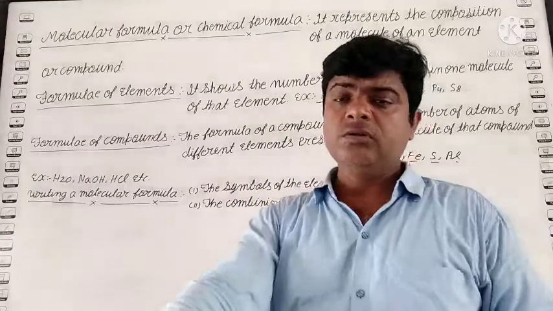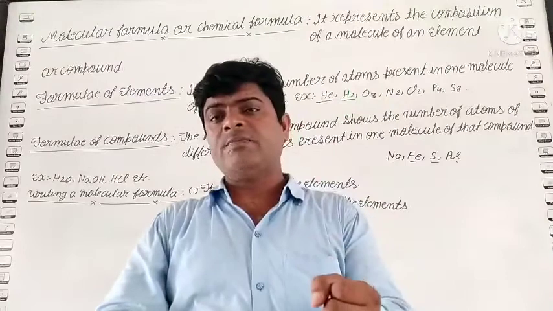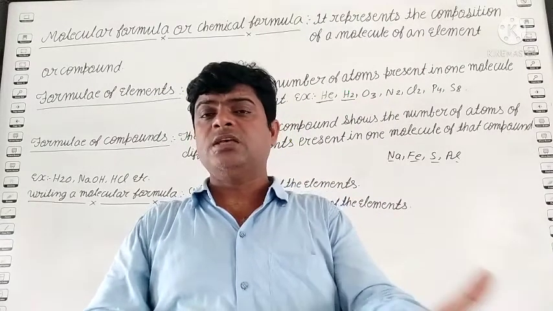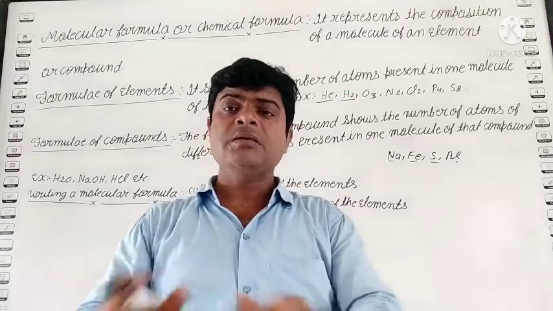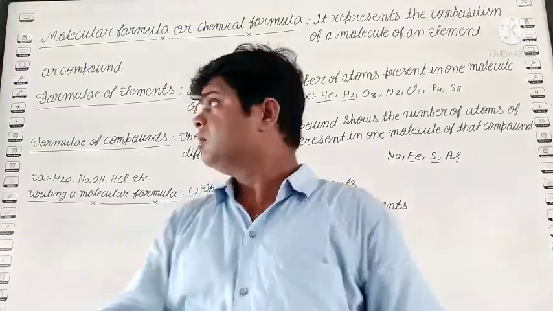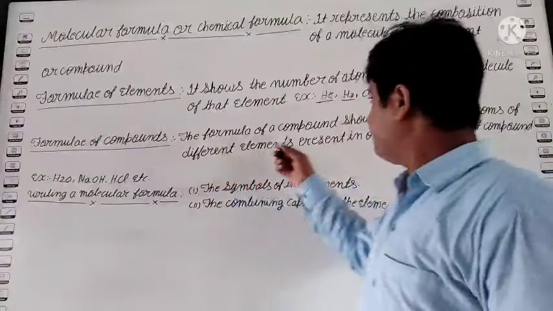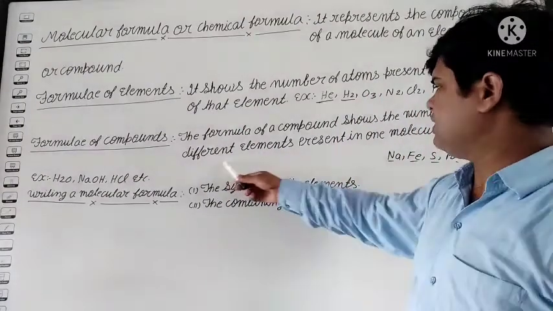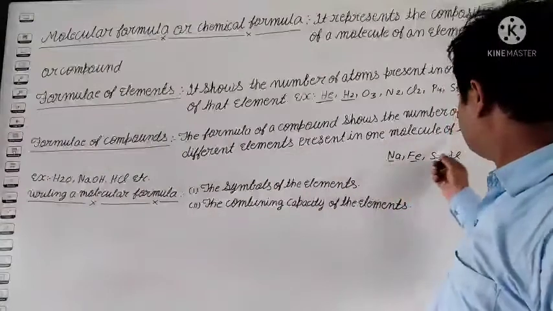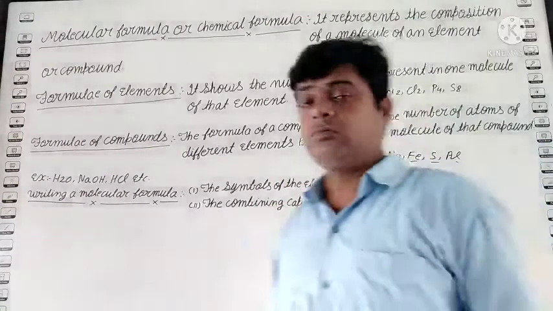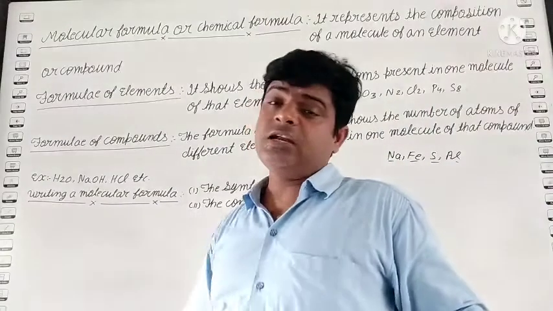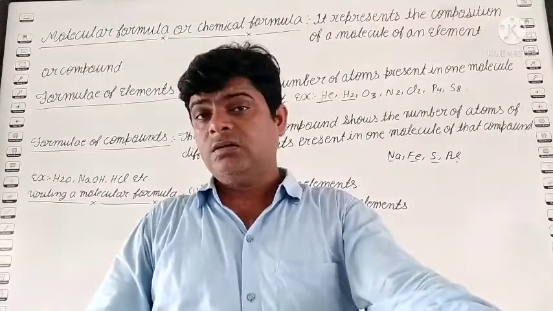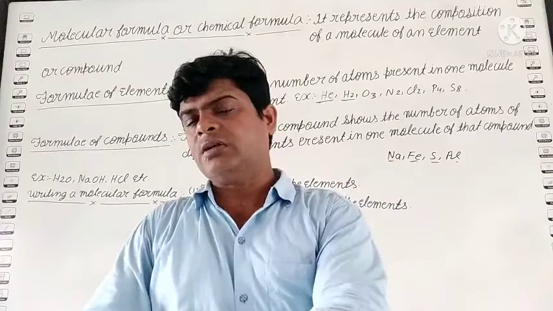A compound is formed when two or more different types of atoms join together. They are pure substances because they are in a fixed ratio and chemically bonded. The formula of a compound shows the number of atoms of different elements present in one molecule of that compound. Student, what is the importance of the formula?